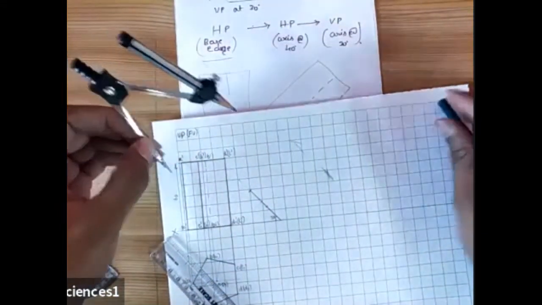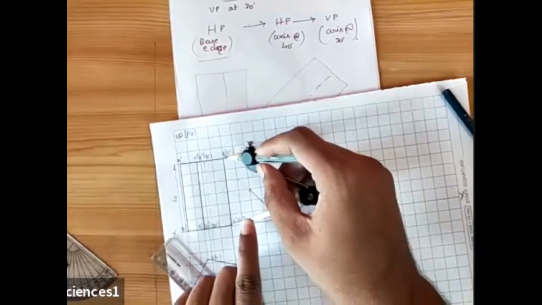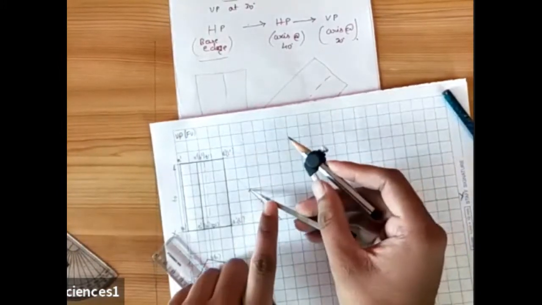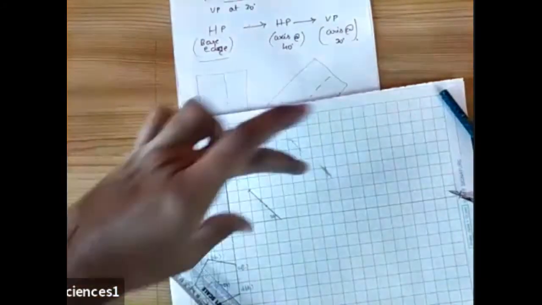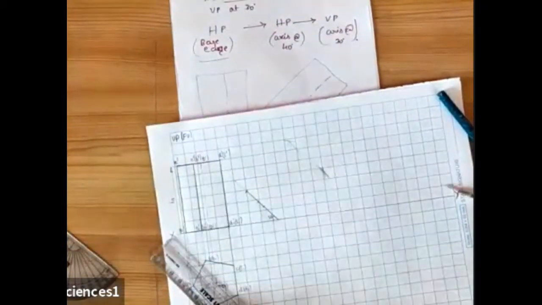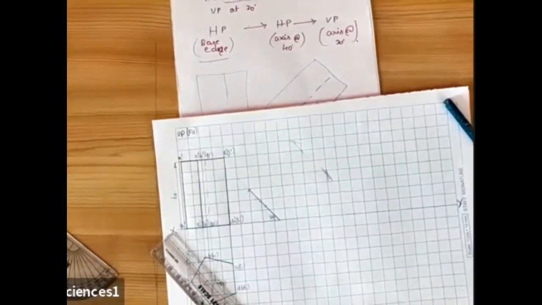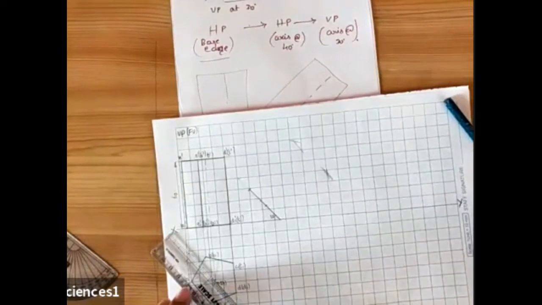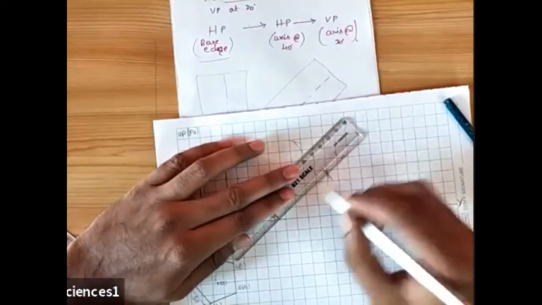Fine, so now you got it. Just remember this rectangle box, I'm inclining it at an angle of 40 as given. Join it and complete the rectangle box.